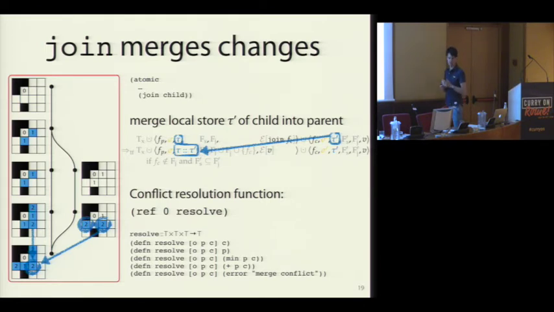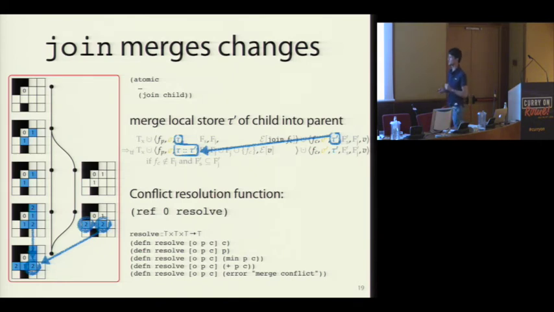And to solve this, we allow the developer to define a conflict resolution function. So whenever a transactional variable is created, we allow the developer to specify a resolve function that should specify what happens when such a conflict occurs.